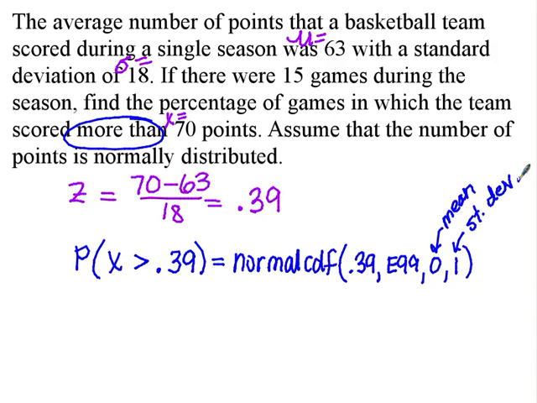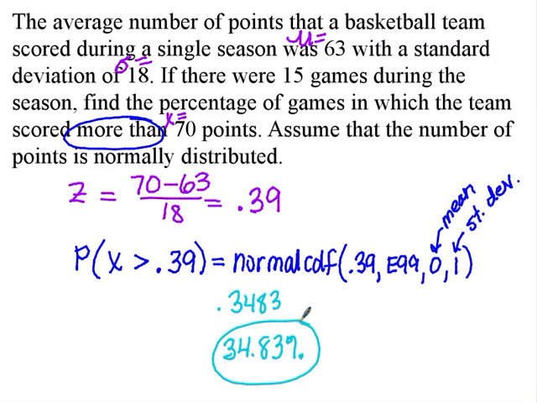So go to your bars, normal CDF: lower is 0.39, upper is E99. And you get what? 0.3483. So what's your percentage going to be? 34.83%.